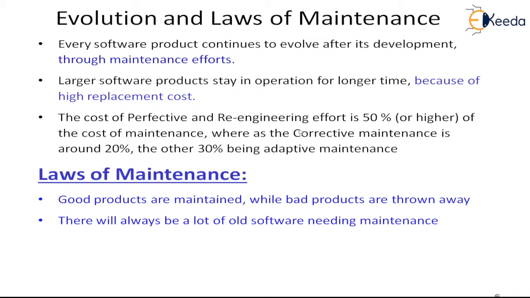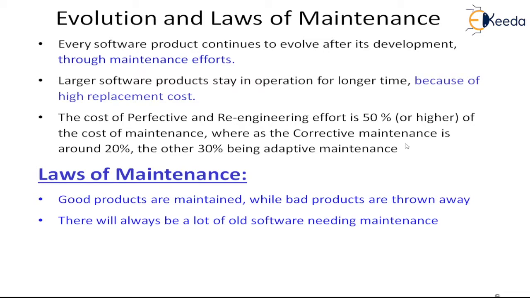It is 50%. And the corrective maintenance is only 20%. So that is the residual defect fixes, that is only 20%, or performance tuning, that is only 20%, and 30% could be your adaptive maintenance. So this is the distribution of the cost over this period of 10 to 15 years.